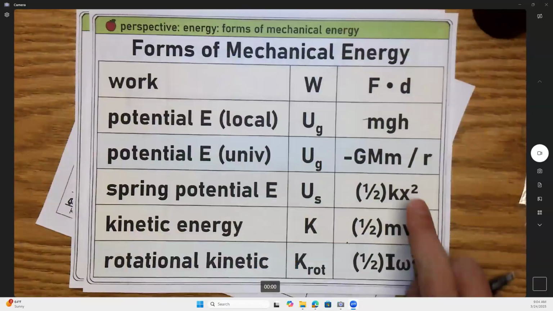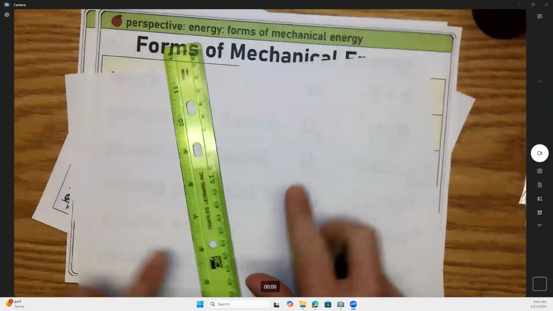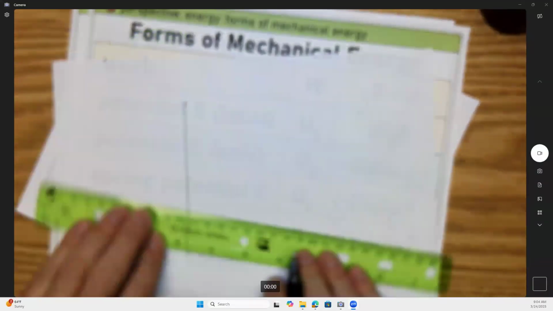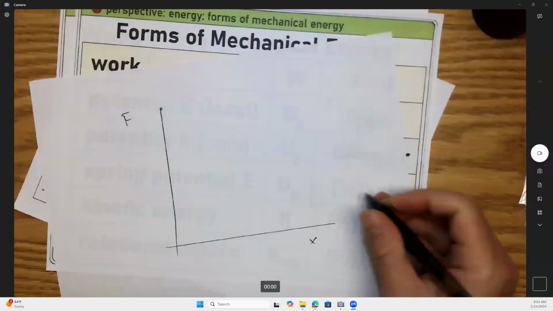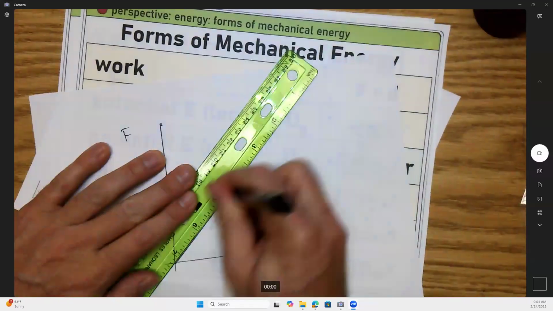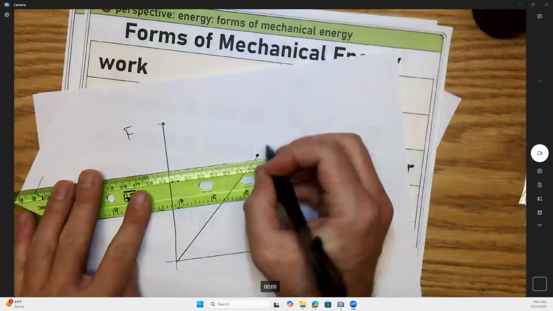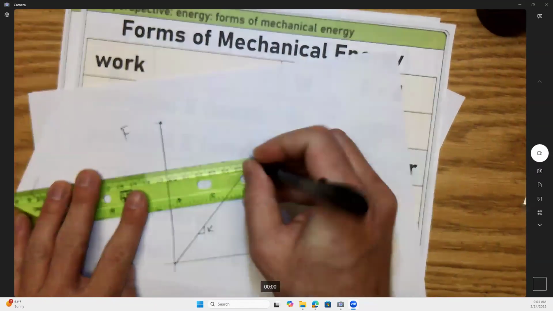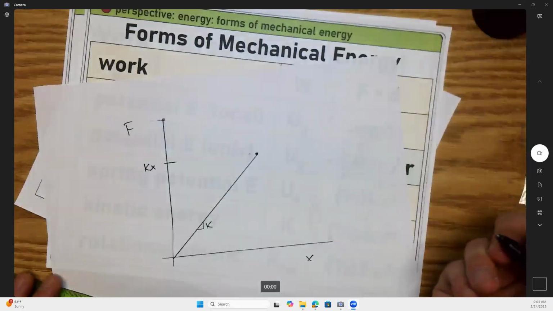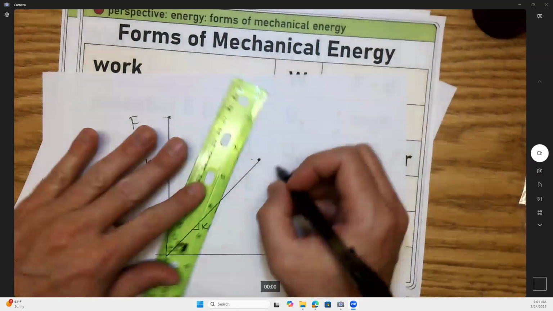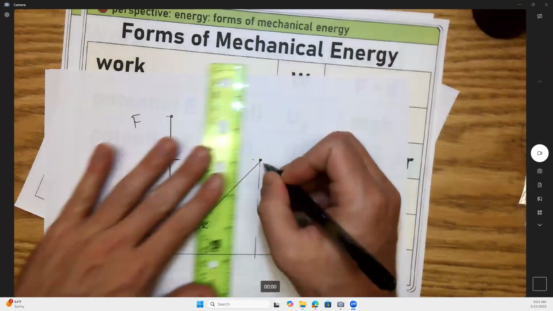Oh, why is the x squared? Yeah, let's take a look. So we'll do an F versus x graph. If the slope is k, then this value up here is kx, right? As in F equals kx. So then what's this area?